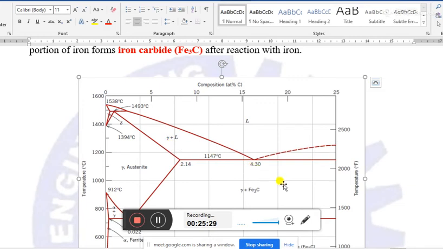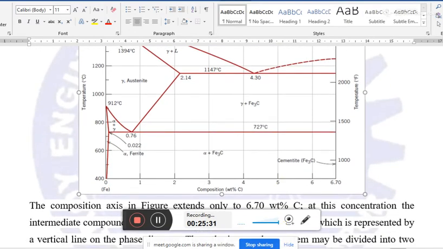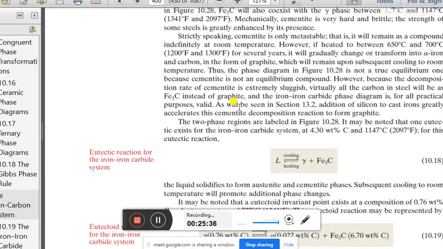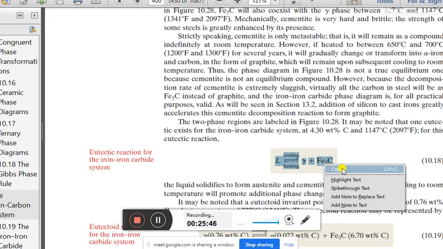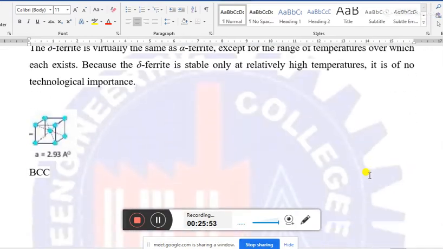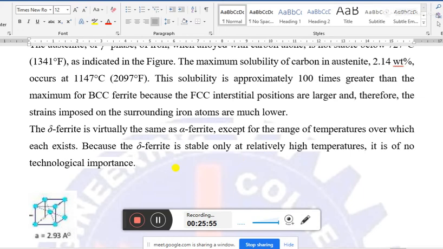Okay, I think you can see what I am writing.